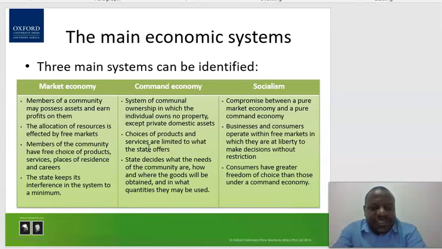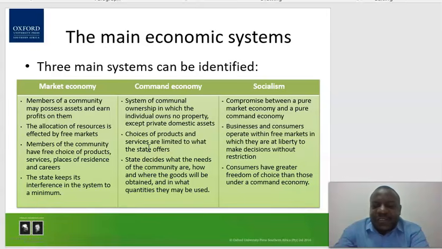Actually, the role of the state will be very, very invisible. It plays a very minimal role. But in terms of the command economy, the state decides what should be produced, who should produce, and for whom. So the state actually makes key decisions in a command economy.